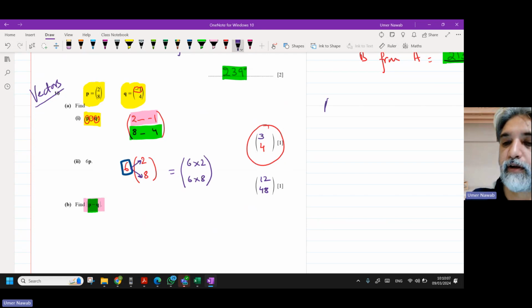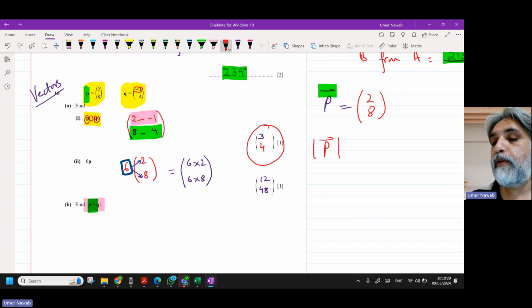Suppose the P vector, did you see I put an arrow above, but the examiner will use a bold-faced letter for a vector. In my routine, guys, whenever you write a vector, you should write an arrow above. So P vector is 2, 8. And I want to find the magnitude of a vector. So I put bars around it. Now, when I put bars around it, it is not a vector. It is just a number. So it can be found by using Pythagoras.